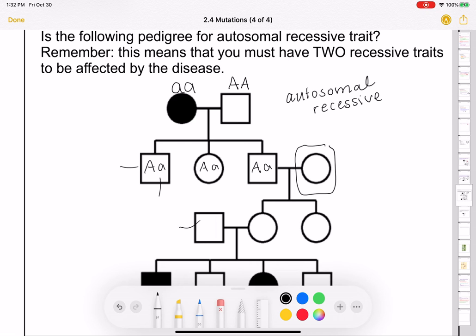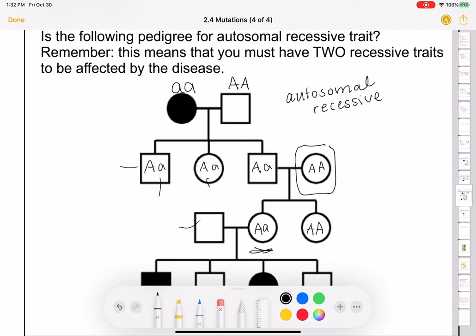These people didn't have kids. This guy has a kid with this girl, and we don't know what her genetic makeup is, but let's say it's big A. So let's say one of their children is big A. Not that one. This one gets that, and this one is this.